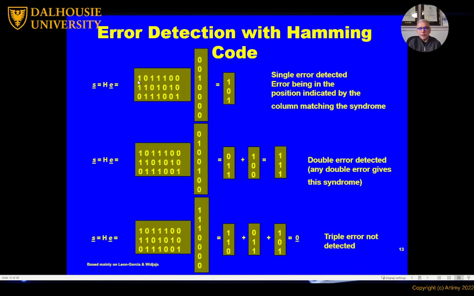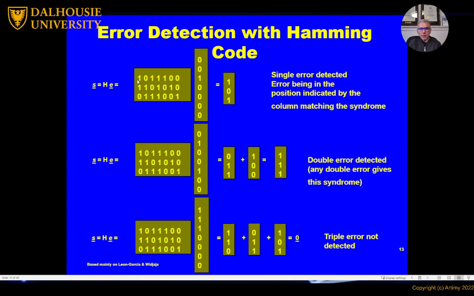So if I multiply this row with this column, and then this row, just to remind you of matrix multiplication, I need to make sure that the number of columns here matches the number of rows here, right? So I multiply every item in this row with the corresponding item in this column and add the result.